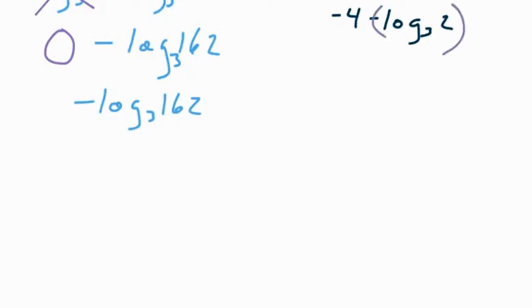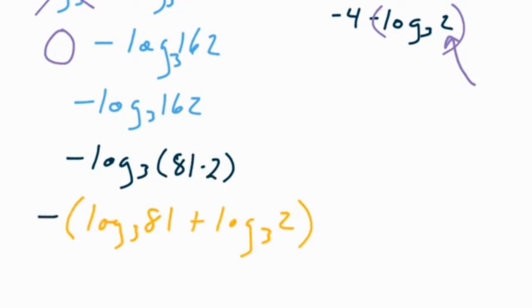Next, you're going to want to start to notice where I'm trying to go. And specifically, I'm trying to go to the log base 3 of 2, focusing mainly on this number 2. You see, what I could do is I could split up my log to be two numbers that multiply to be 162, but I'm purposely going to let one of the numbers be 2. And so 81 times 2 is a perfect split because that's going to give me half of my answer already.